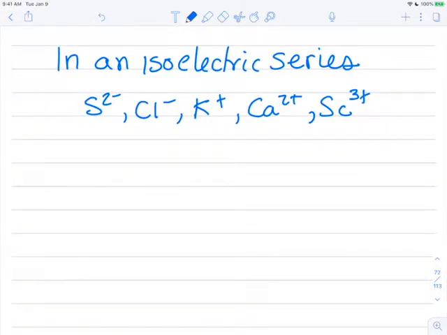So in an isoelectronic series, the sizes are going to be largest for the most negative and smallest for the most positive. And they will go in that order. So the sulfur is going to be the largest, followed by chloride, potassium, calcium, and then scandium being the smallest.